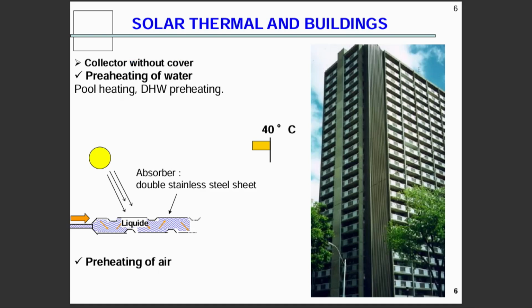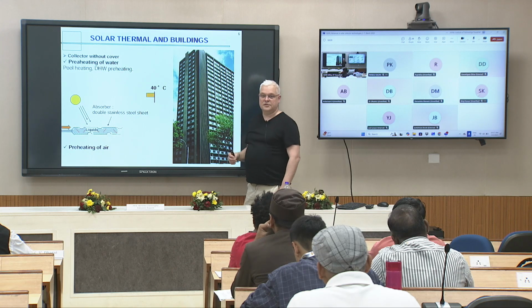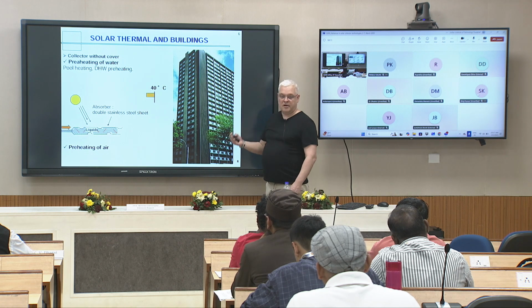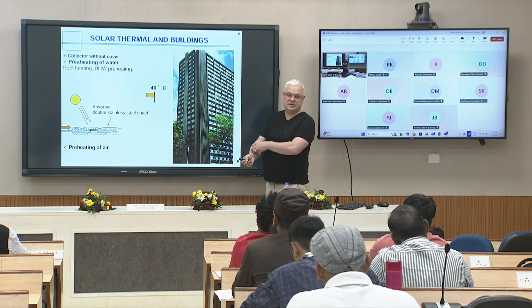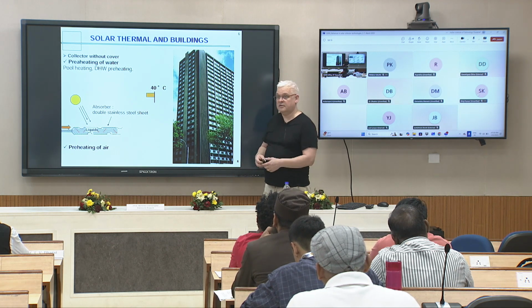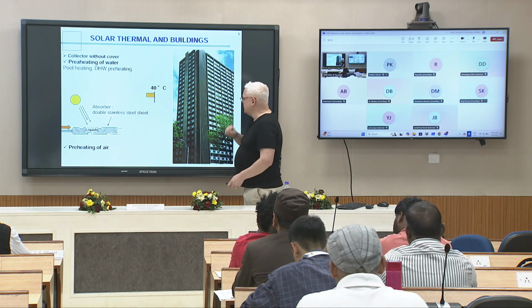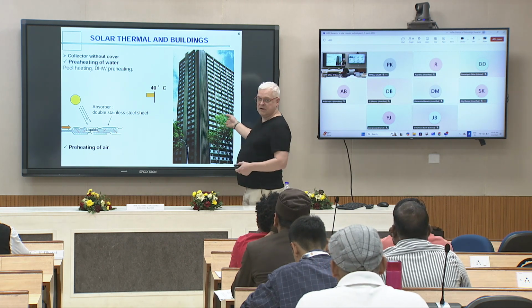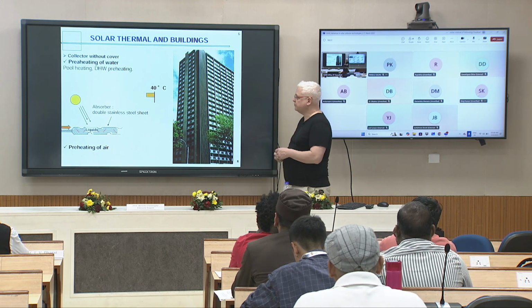Here you have a nice illustration of a very high unglazed solar thermal collector. Okay, you can see this black. It is made with stainless steel sheet all along the height of the tower in order to preheat the air or to heat the air of this tower, which is a dwelling apartment.